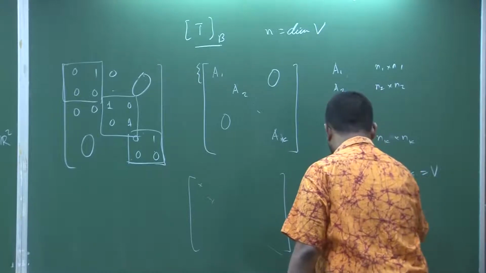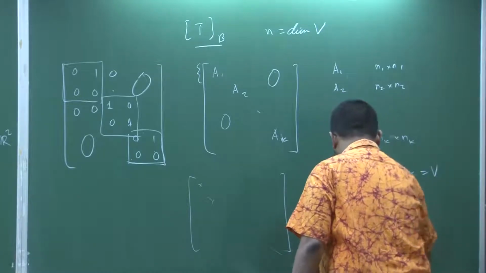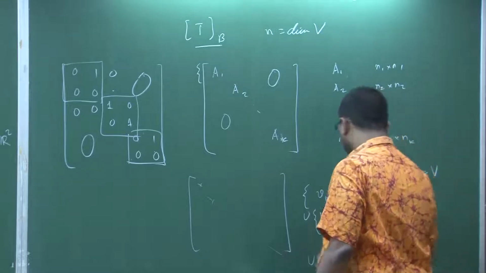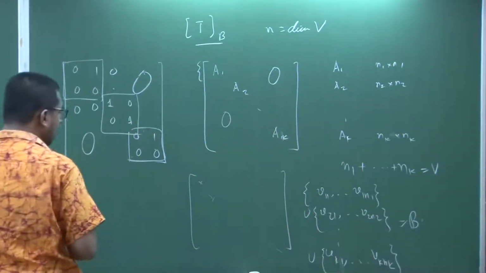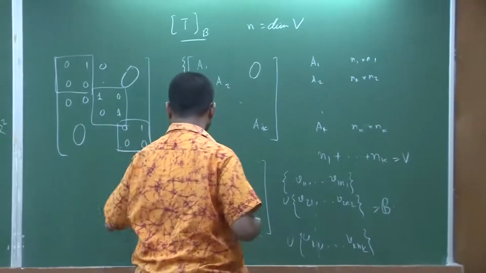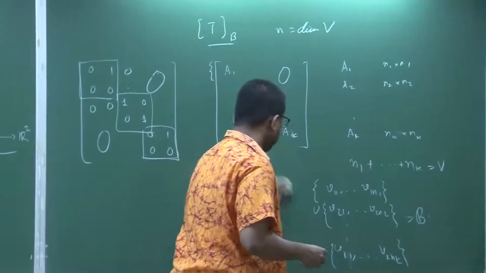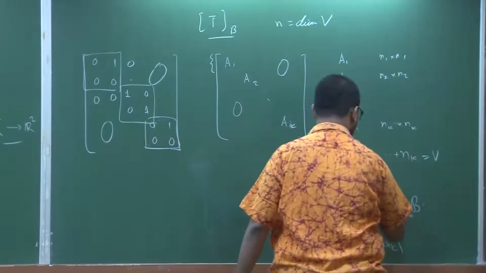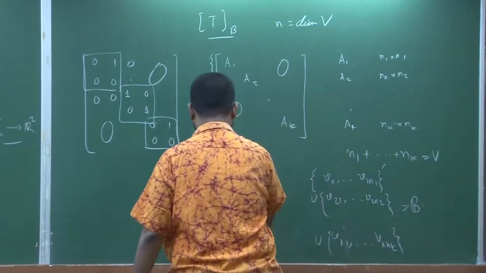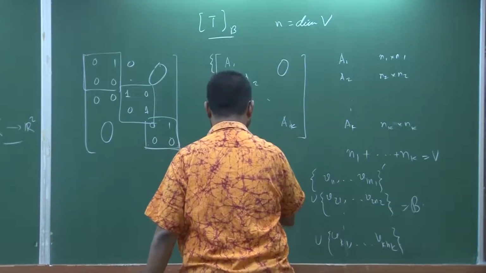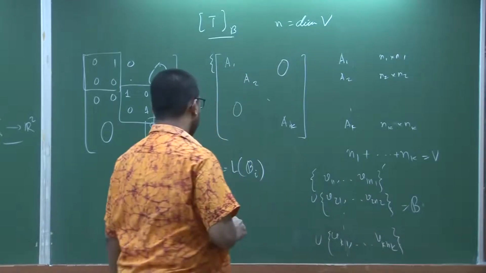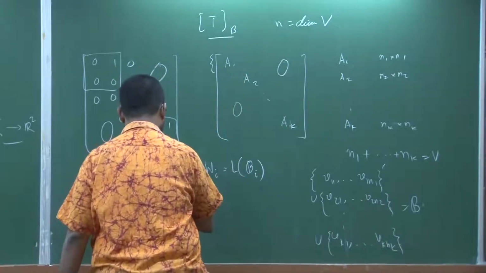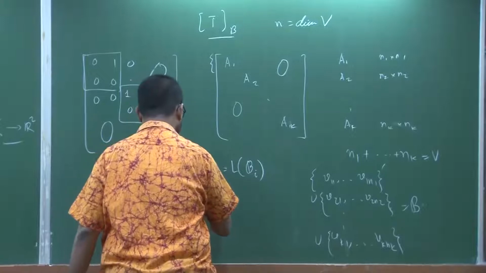Let this be our whole B. If this is so, call these B1, B2 up to Bk, and define Wi as the linear span of Bi for each i. Then we find that each Wi is invariant.